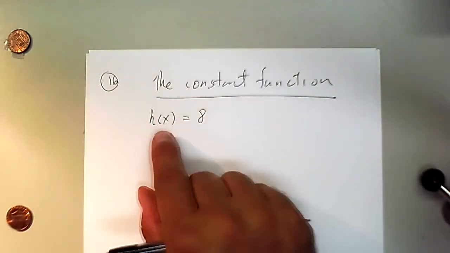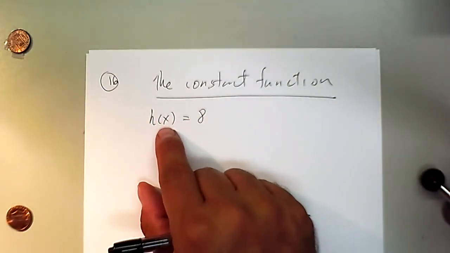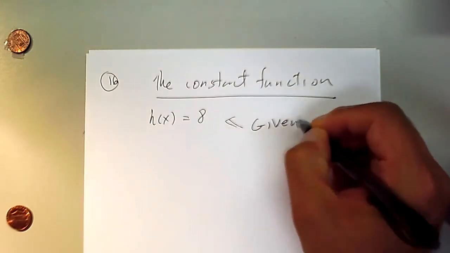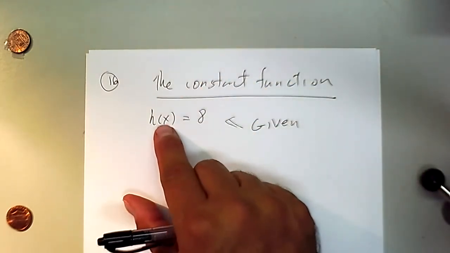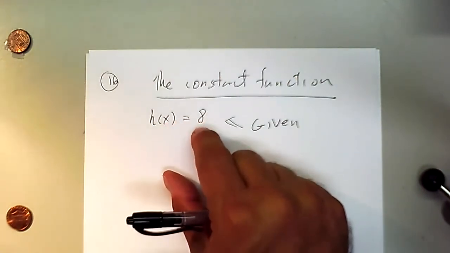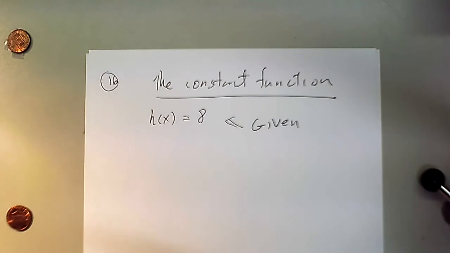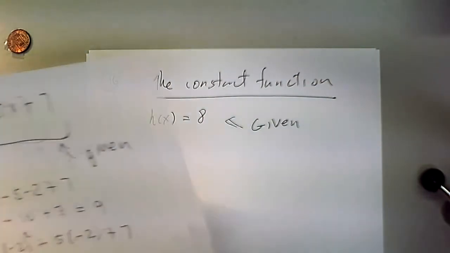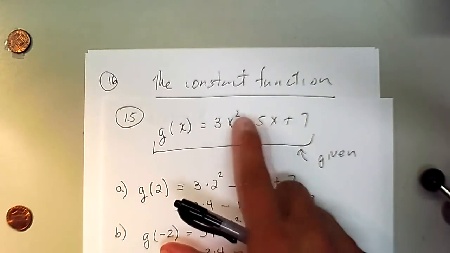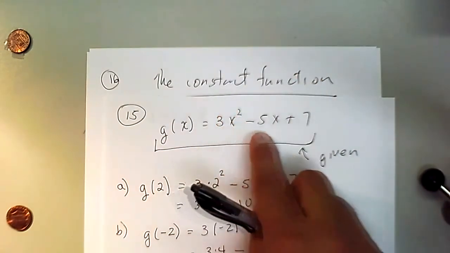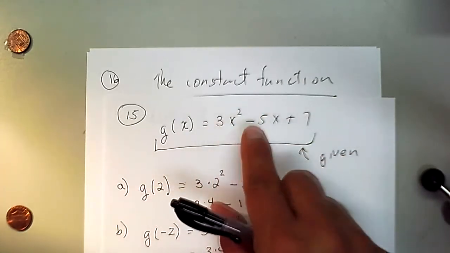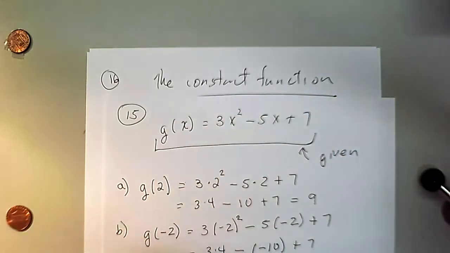That is called the constant function. This is very important. This is given. This is telling us that the input is not used in the output. That's a very, very important thing not to miss. In the previous example, the input is used twice in the computation of the output.